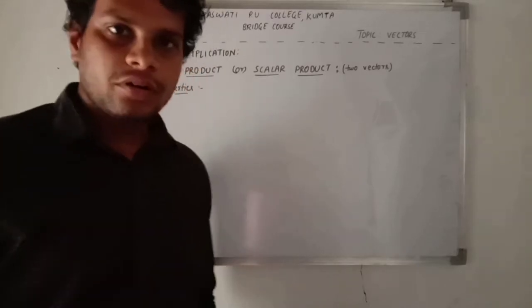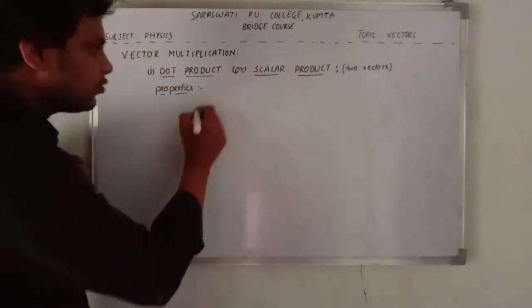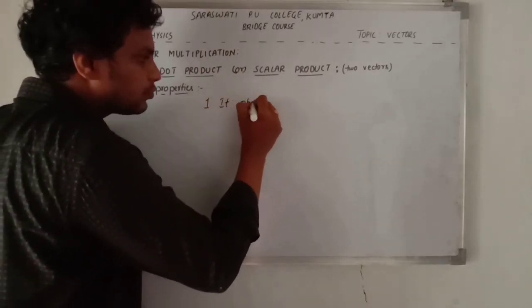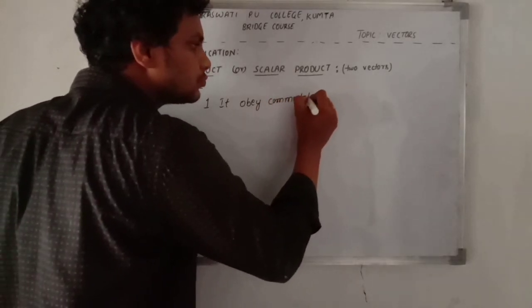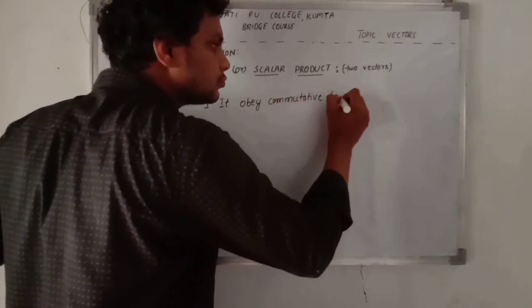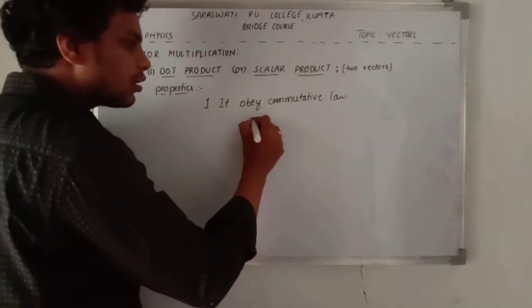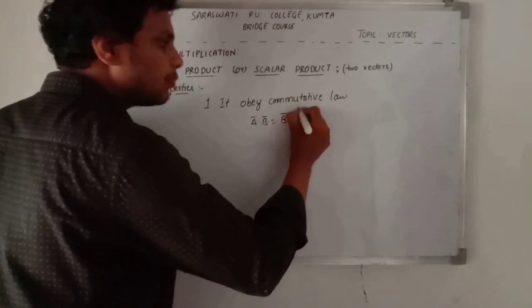Next we are going to discuss the properties of the dot product. The first property is that it obeys the commutative law. What does the commutative law mean? a bar dot b bar is equal to b bar dot a bar.